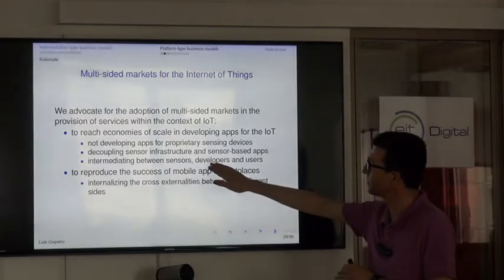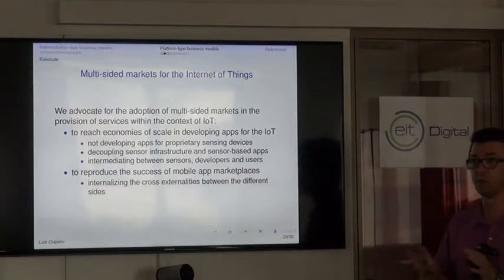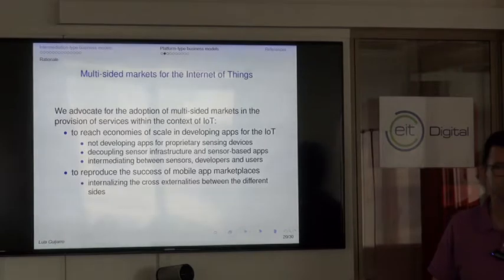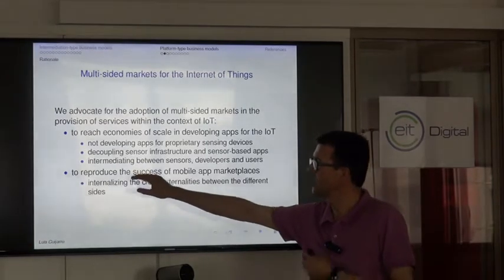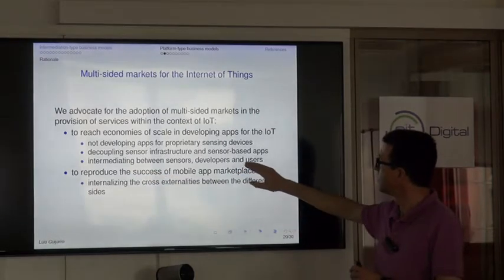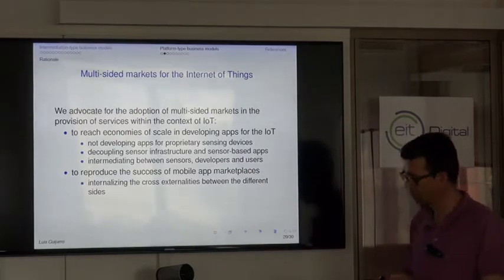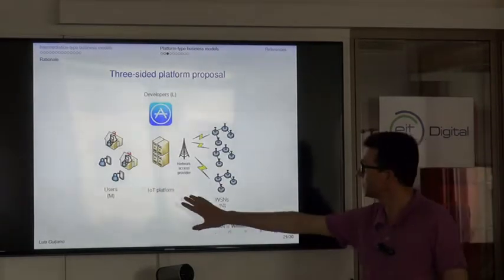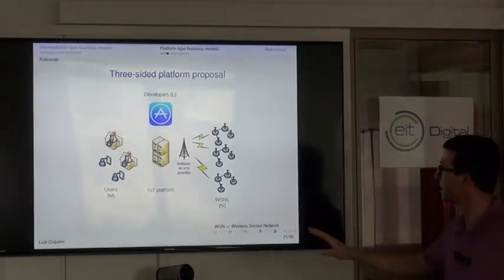What I'm advocating here is that the platform, which might be Apple or Google, in the end will be a three-sided platform between sensors, developers, and users. This will be an easy way to draw this scenario.